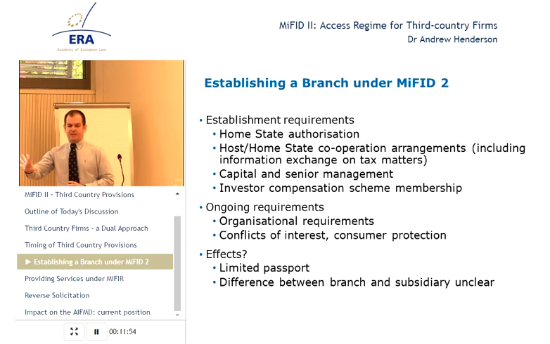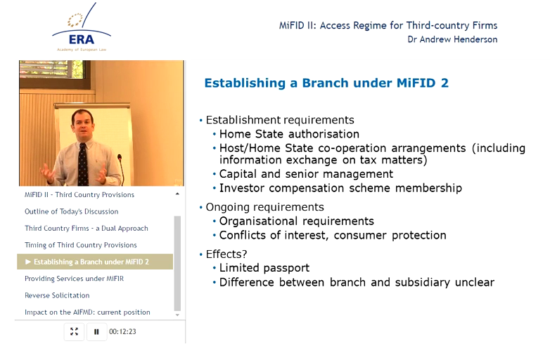And these are essentially set out fairly straightforwardly. The first point is the third country firm has to be authorized in its home member state. Again, no surprise there. There has to be cooperation arrangements between the host state and the investment firm's home member state, including information around tax matters. It is important for the branch to comply with regulatory capital and senior management requirements, again, similar to those that Rick was talking about.